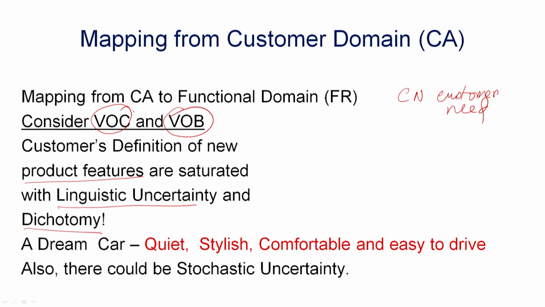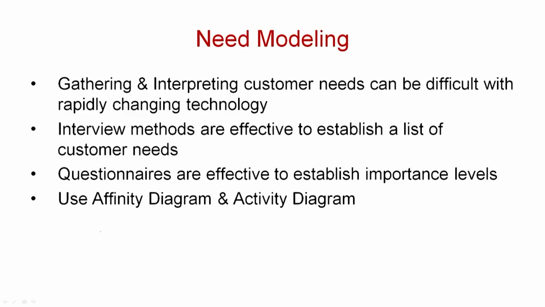How do you actually explain it? Does quiet mean the vibration level is below a certain value? Does style mean a certain type of form? Comfortable, what does it mean again, is it with respect to temperature, or noise and vibration, or humidity? It needs to be defined. Now, once we do the need modeling, that is gathering and interpreting customer needs, it can be difficult without it.